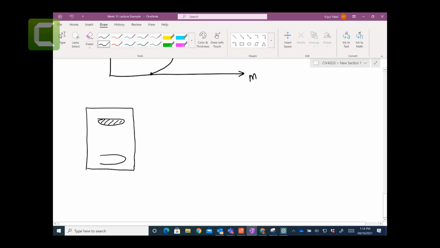cross sections for us, and in that cross section if I draw the strain profile, it says that this steel here is 0. That's what it says, right? That at this point the strain is 0.